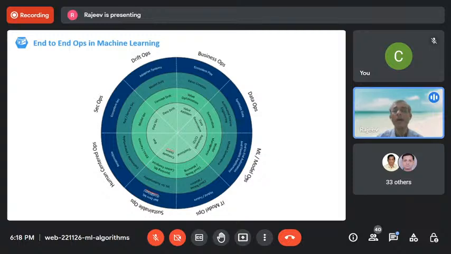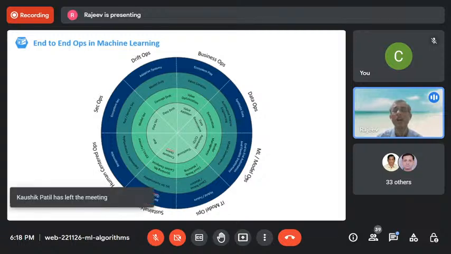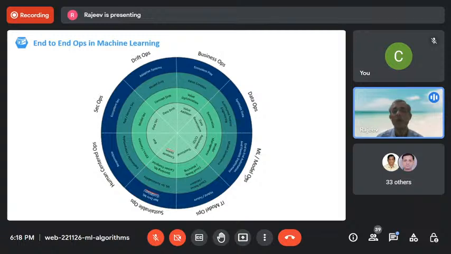Now coming to data ops, as I said, data forms the core of this field. Data is 80% and the science aspect is 20%. Whenever you deal with a large amount of data, you have to deal with a lot of aspects like data governance. How do I monetize the data? How do I automate feature engineering? How do I use synthetic data generation for solving the problem when I don't have a sufficient amount of data?